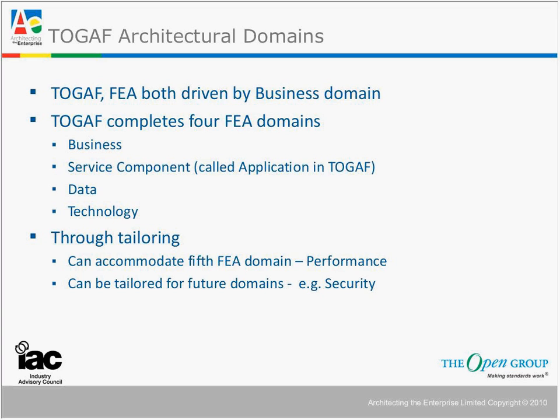And through tailoring, you can accommodate the 5th domain, and actually the performance is really built into the business domain, so it really doesn't take much tailoring. And you could tailor for future domains, things like security.